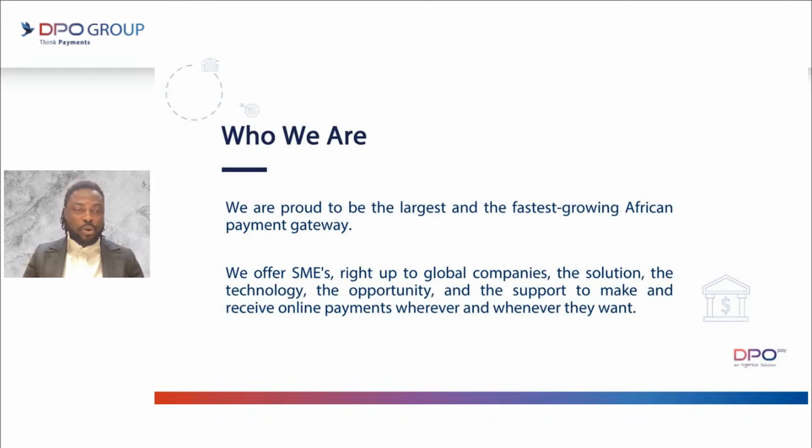And so we go to businesses of all sizes, whether a corporate or an SME, and we make it possible for them to receive or make payments by providing them the technology and the innovative solution that allows them to do so.